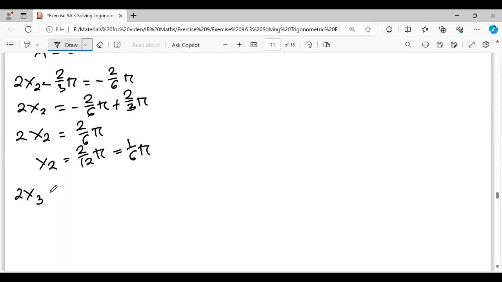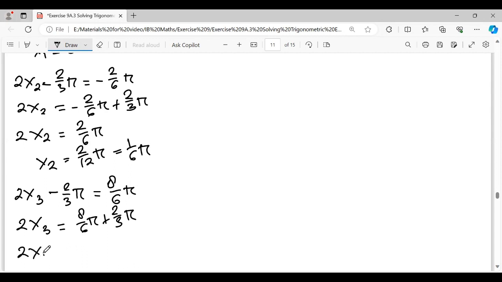Then x3. 2x3 minus 2/3 pi equals 8 over 6 pi. So 2x3 equals 8 over 6 pi plus 2/3 pi.